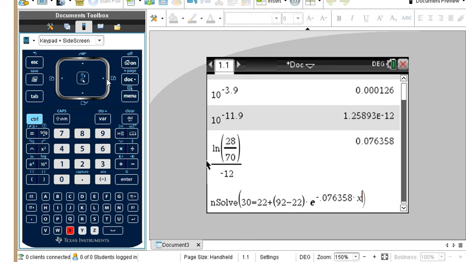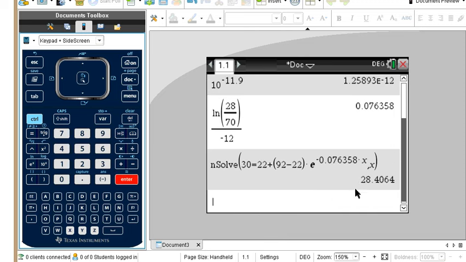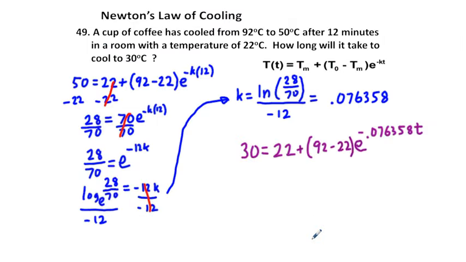And then I think that's going to be all we need. We press comma x, and it should give us our value here. So we get 28.4. So that's going to be t is equal to about 28.4 minutes.